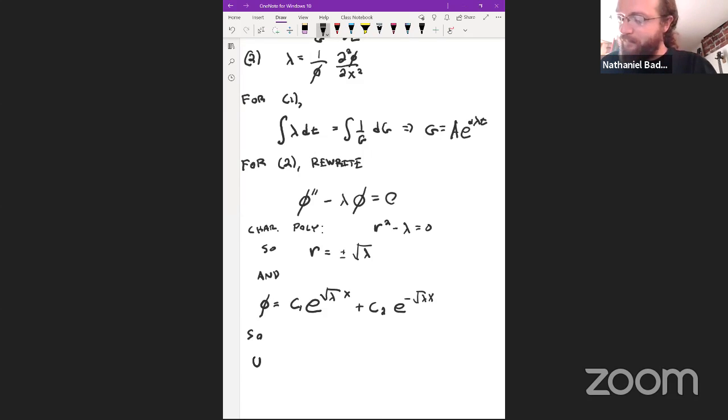So u of t, x is equal to, well, of course, we can multiply this by the C1 and C2, but it's just going to be up to some overall constant.